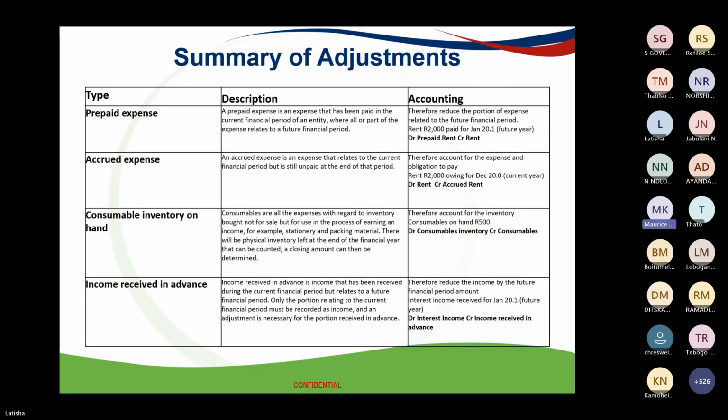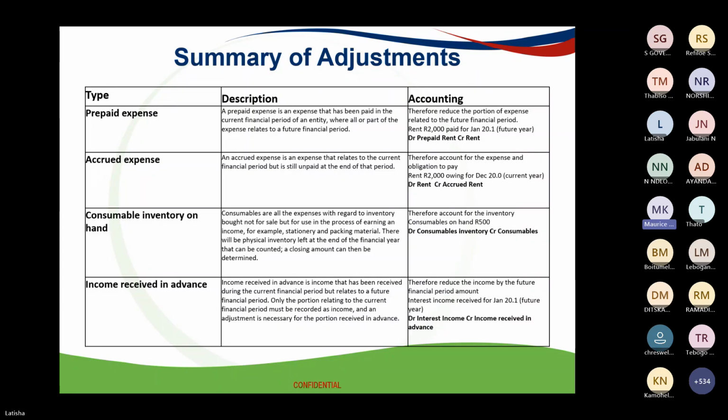I will repeat that. The portion of the consumables that has not been consumed at the end of the financial period will be regarded as consumable inventory.